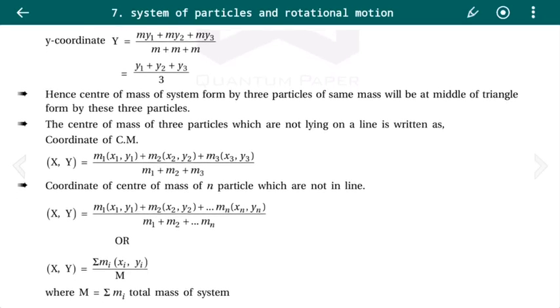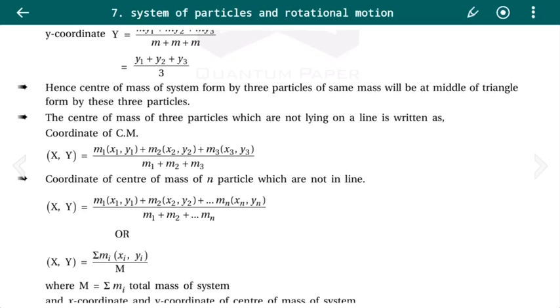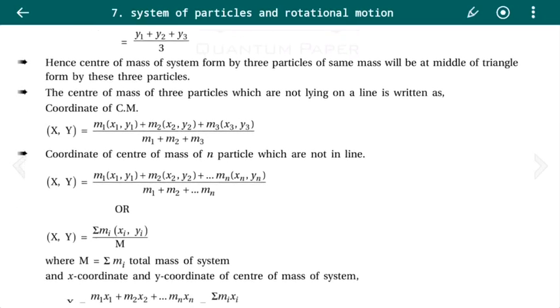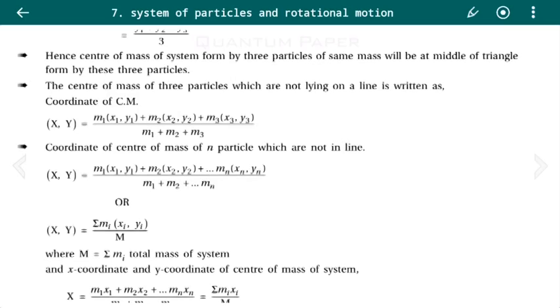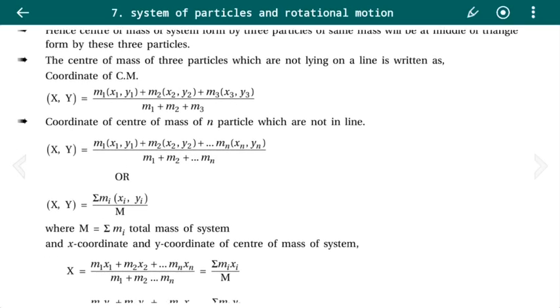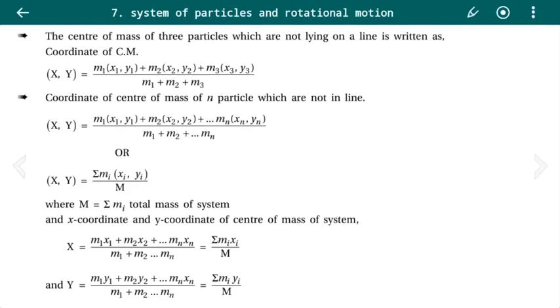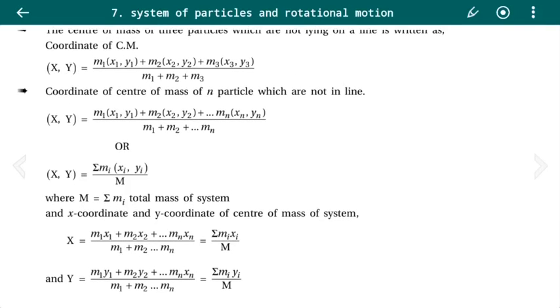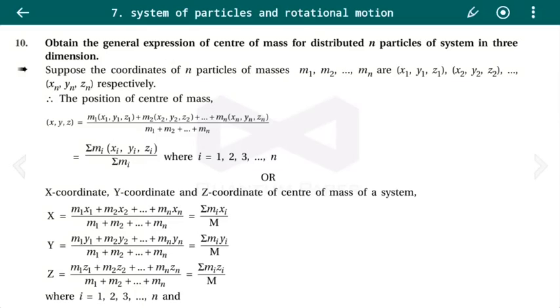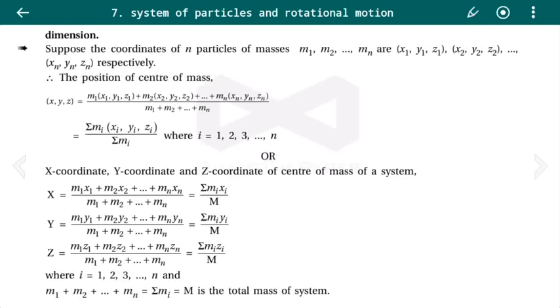Now let us see the general expression of center of mass for n distributed particles of a system in 3 dimensions. Suppose the system of n particles is in 3 dimensions. Let it have n particles and its masses are m1, m2 up to mn. And the position of each particle is (x1, y1, z1), (x2, y2, z2) up to (xn, yn, zn) respectively. Thus, the position of the center of mass will be in terms of x, y and z.